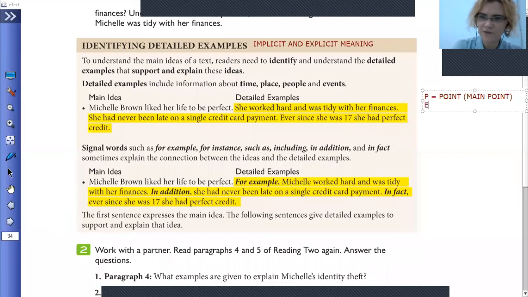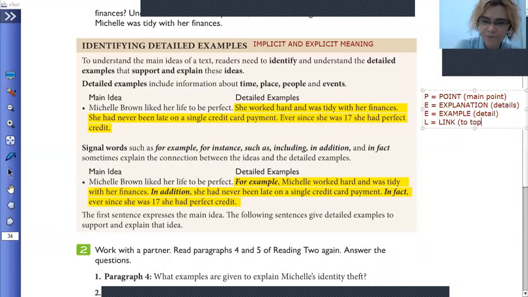And then you've got the E, right? And then another E. And then you got the L, which is link, and basically link back to the topic.